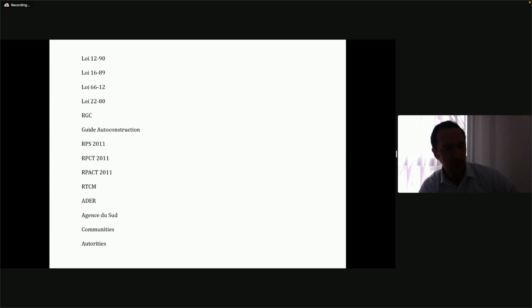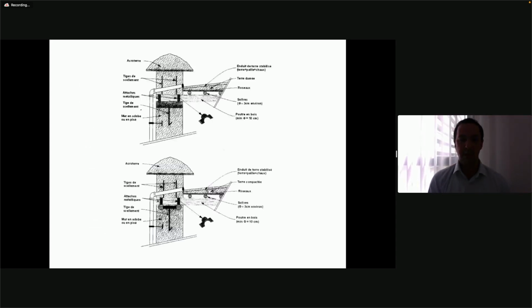Maybe we can talk a little bit about the RPCT, the règlement parasismique en terre, which covers all the parasismic rules, even for auto-construction, for people constructing their own buildings. We have a lot of agencies, and of course the communities and the authorities that have to participate in the effort.